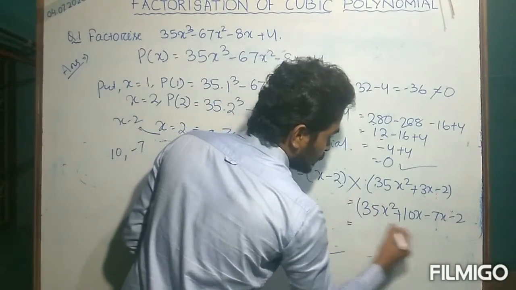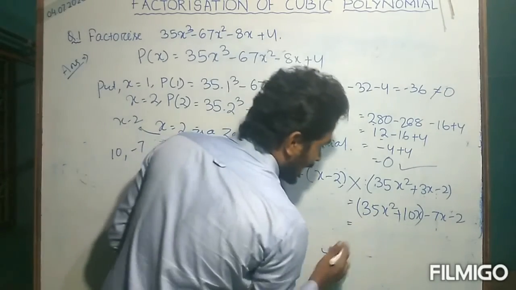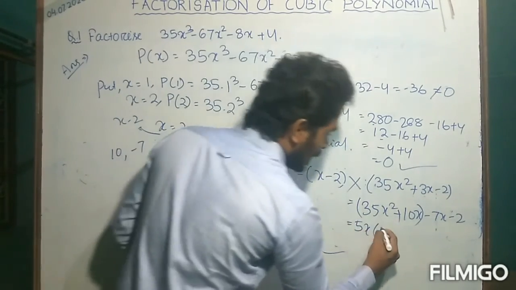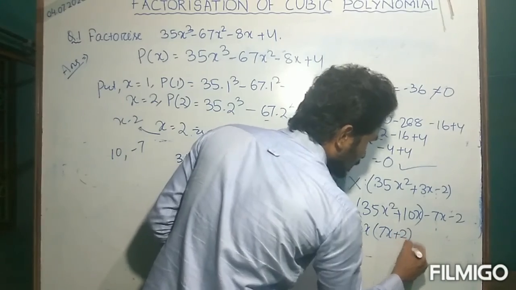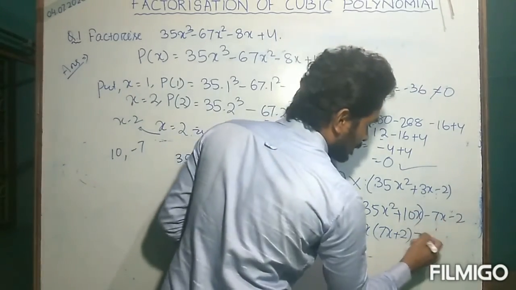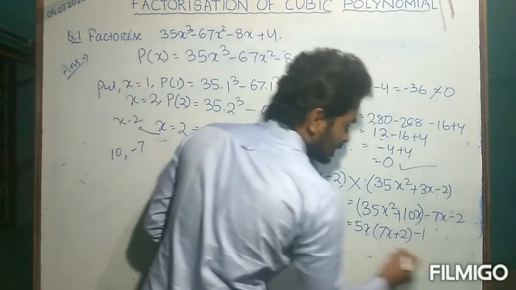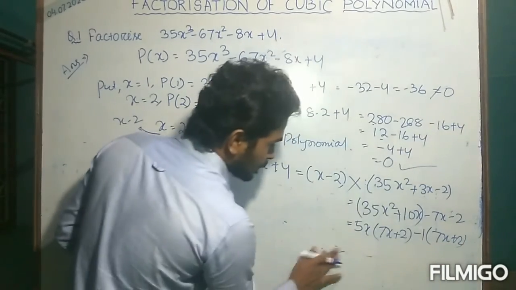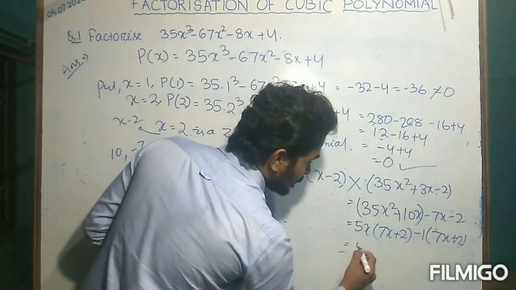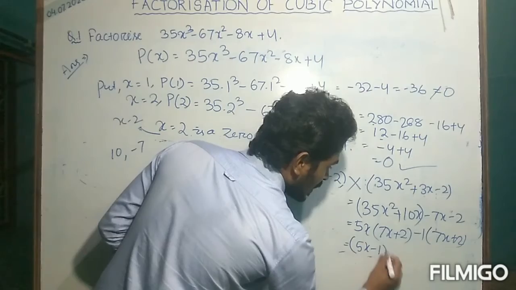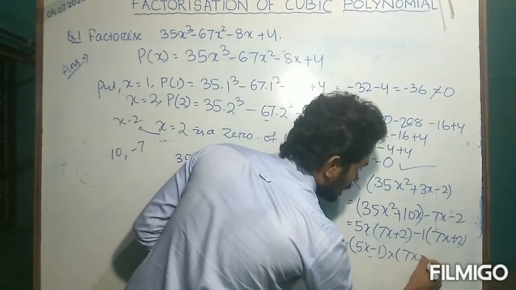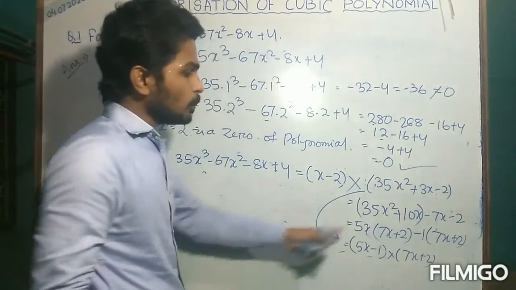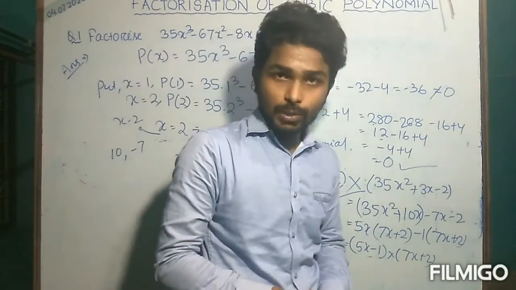Now from the first two terms you can take 5x as common, and the remaining part will be 7x plus 2. From the last two terms you can take minus 1 as common, so it will be 7x plus 2. Hence finally you get 5x minus 1 whole into 7x plus 2. And hence this quadratic polynomial is factorized into two parts, 5x minus 1 and 7x plus 2.